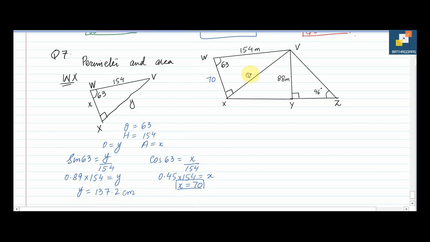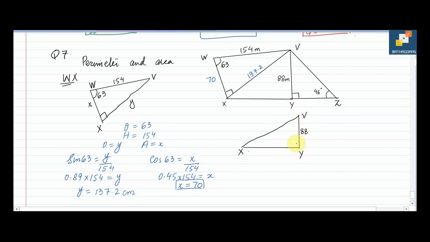And we have the value of XV, that is 137.2. Now after that, I am going to draw XYV. Right, so it's XYV.